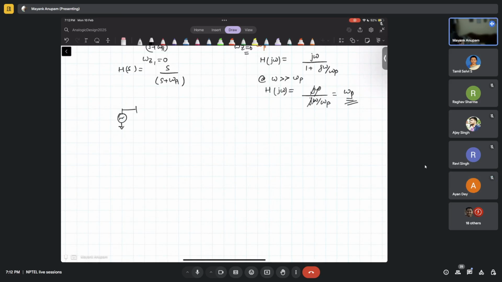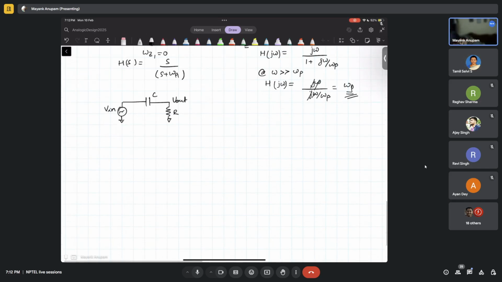So our friend here is saying that let's interchange the capacitor and resistor. So this is R, this is V out, this is C, this is V in, right? Tell me what will be V out by V in with respect to S, of course.